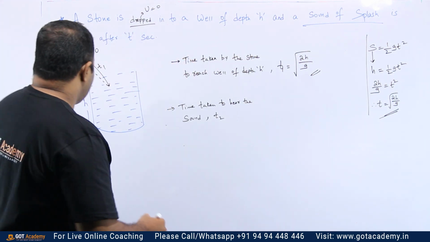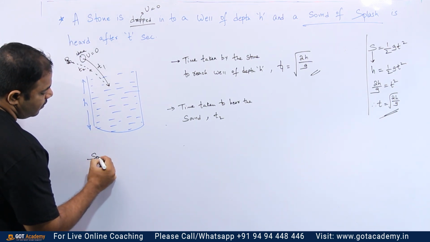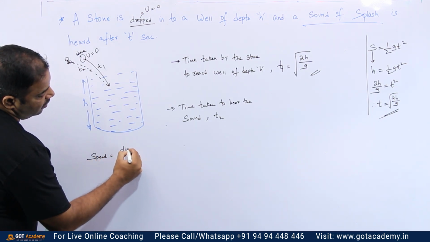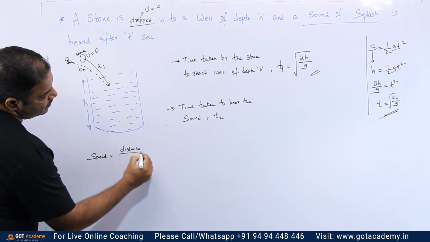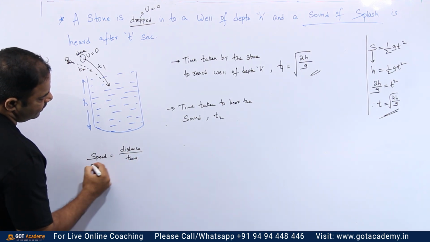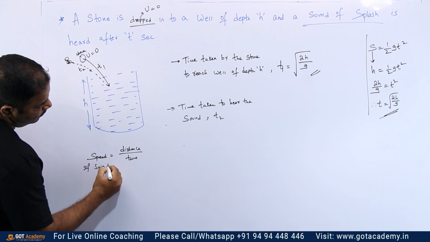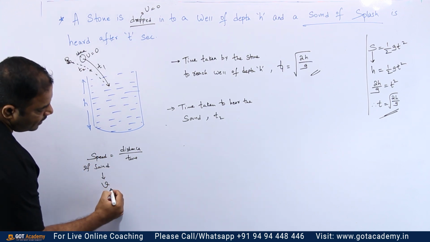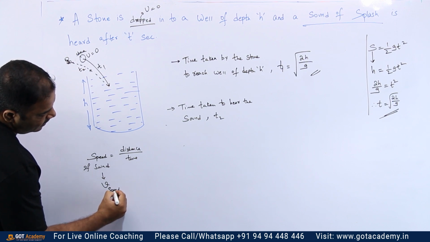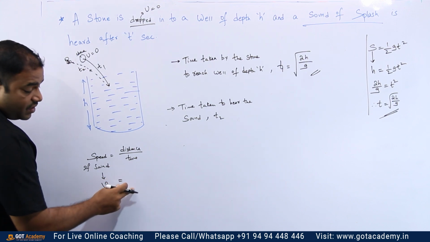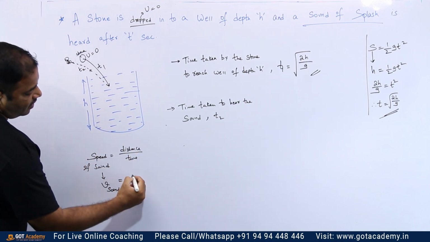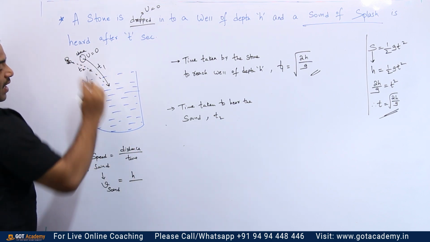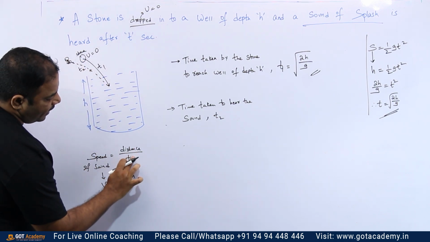Repeating, you know that speed is equal to distance by time taken. Here speed of sound, the symbol V with suffix sound indicating speed of sound, is equal to distance travelled, which is nothing but h, by time taken.